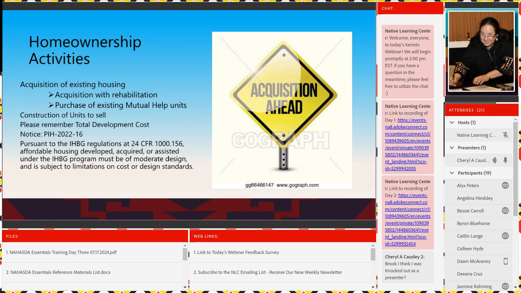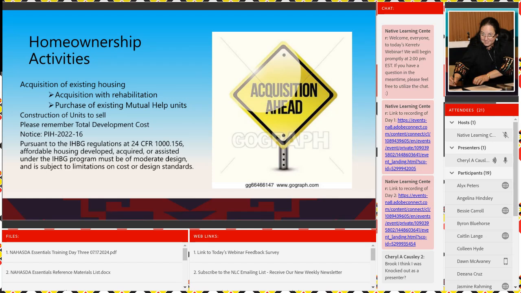You got to have this in place before you can do this. And then it was like, okay, if you're going to do this, you got to get a really good general contractor to help you out and do this on your behalf, because very few people know all that is involved in building a house from scratch. So that's another thing you're going to have to build into that process. Construction for units to sell, then you just do it yourself.